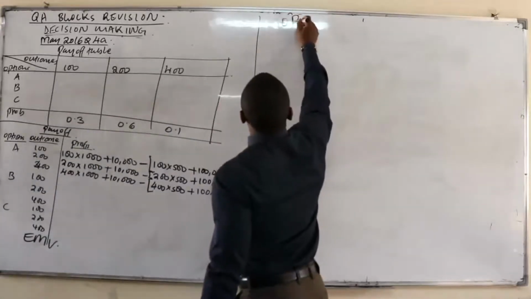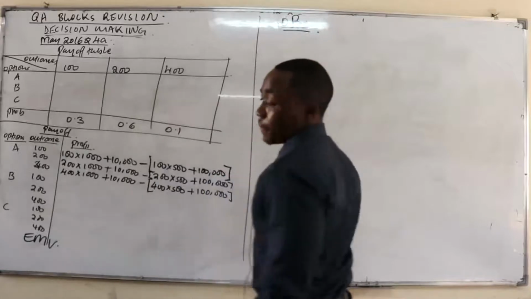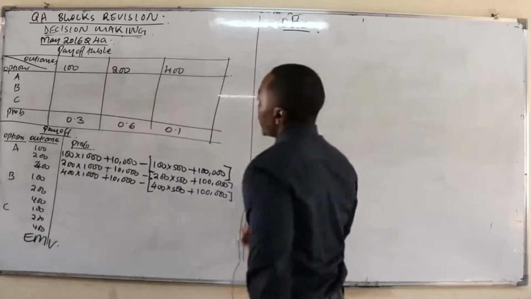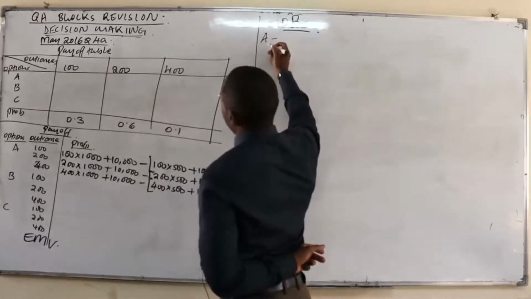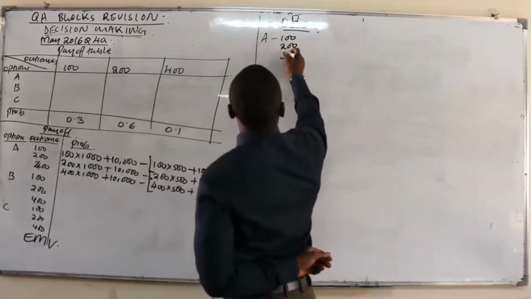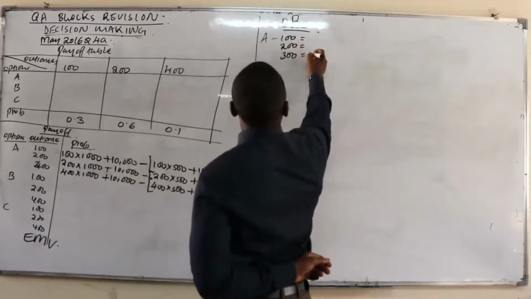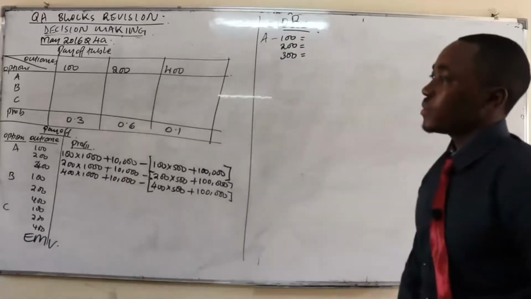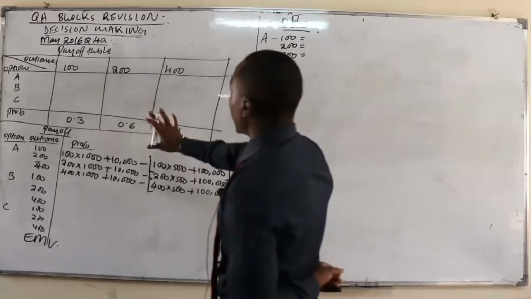Alternatively, you may argue this way. For example, for A, we had 3 alternatives: it's either 100, 200, or 400, of which this is the best option. In this case, you may have 2 workings you might do.